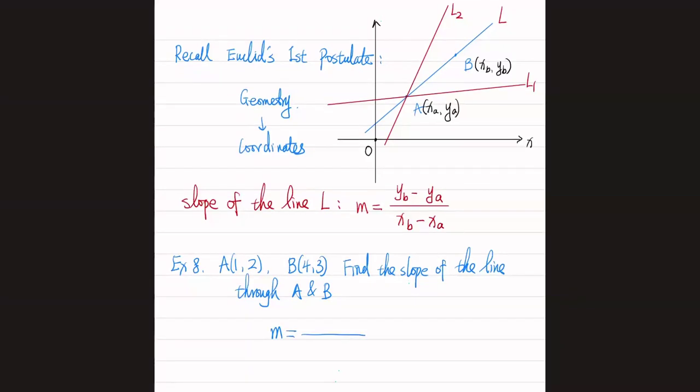It's 4 minus 1 over 3 minus 2, which is y_B minus y_A over x_B minus x_A. Sorry, I said it in reverse. So it's the quotient of the difference of the y coordinates over the difference of the x coordinates. Okay, so this is the slope.